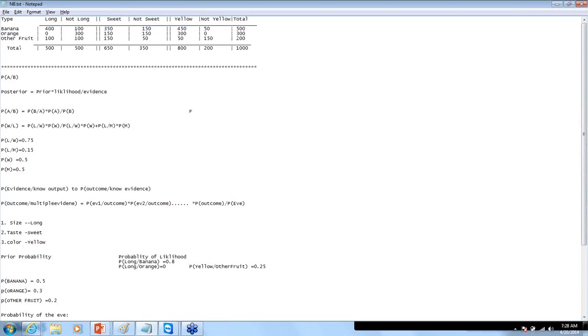What we wanted to calculate, we have 3 outcomes. One is the probability that this given fruit, which is unknown to us, is a banana, given that it is long, it is sweet, and it is yellow. Second outcome is this fruit is an orange, given the same thing: long, sweet, and yellow.